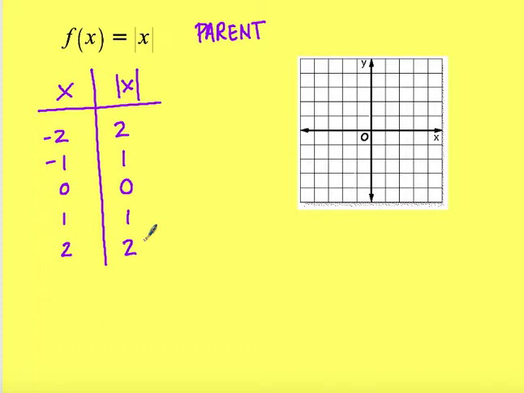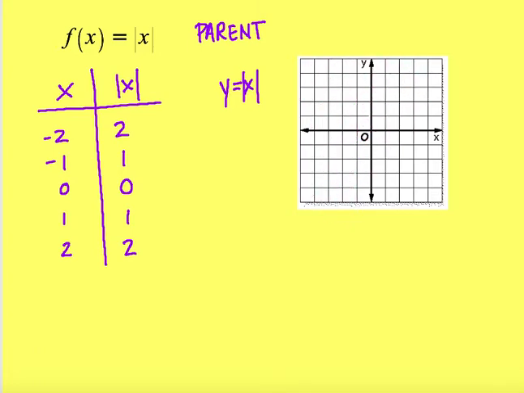So when I plot these on the graph, normally if I would just graph y equals x, that identity line, we would get that diagonal line. But when I put those absolute values on that function, what it's going to do is take all of these negative values and revert and make them positive. And that's where we get our V shape.